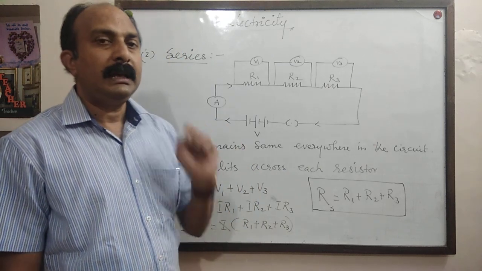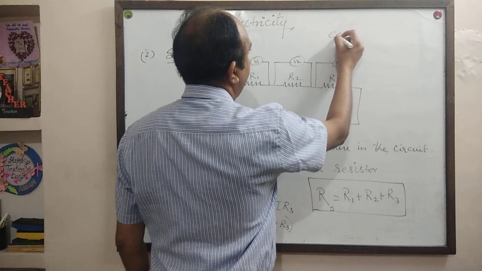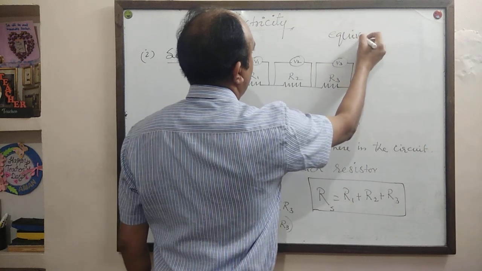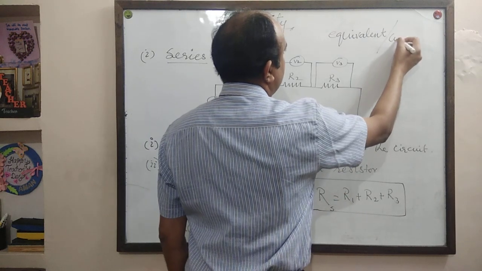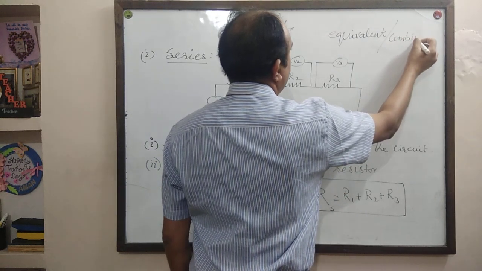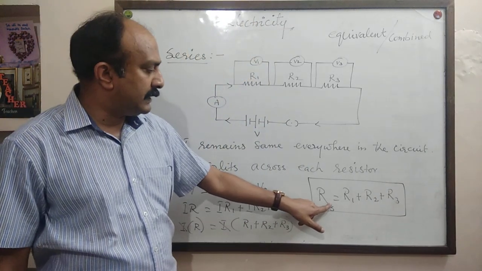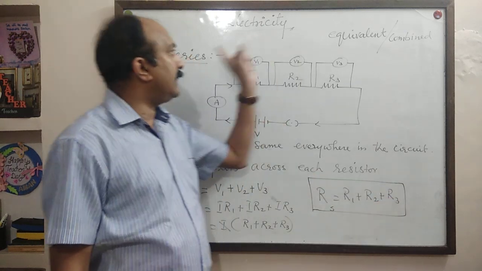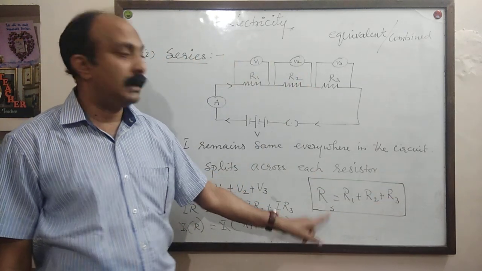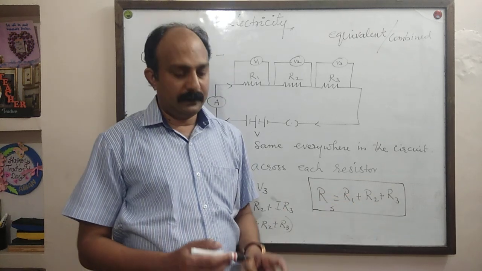RS stands for equivalent resistance, or it is also known as combined resistance. So the equivalent resistance or combined resistance of three resistors R1, R2, R3 when connected in series is given by the formula RS is equal to R1 plus R2 plus R3.